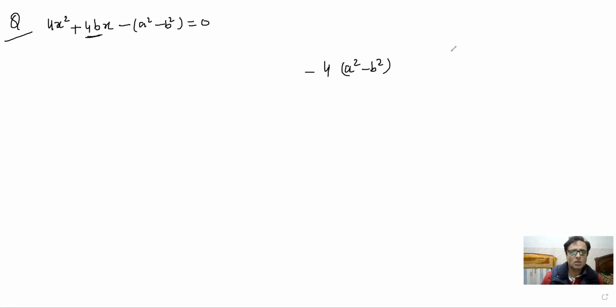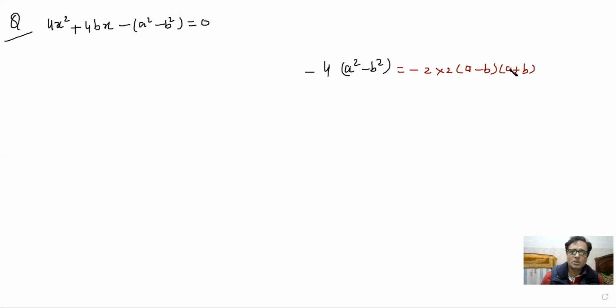Let's go for that. I'm changing the color for you. I will write this one, the negative sign is already here. 4 can be written as 2 into 2, and a square minus b square can be written as a minus b and a plus b. Now I'm just arranging it in a different way.